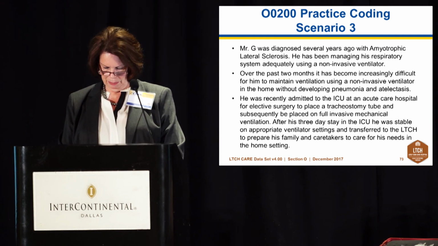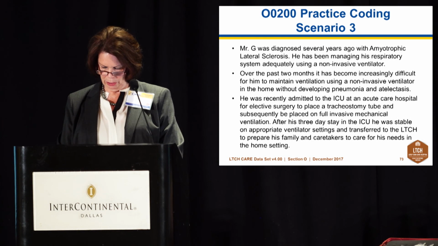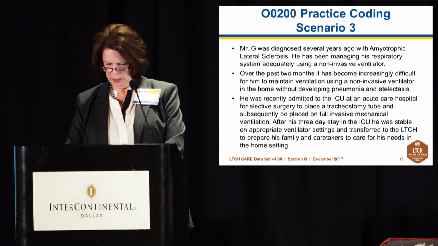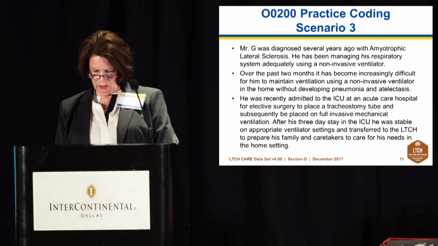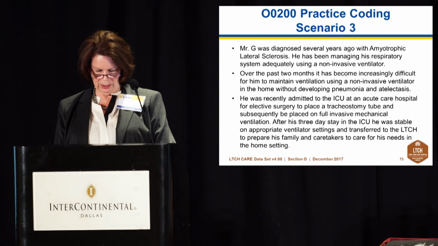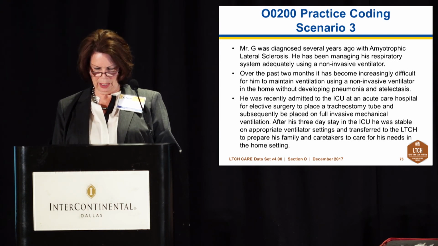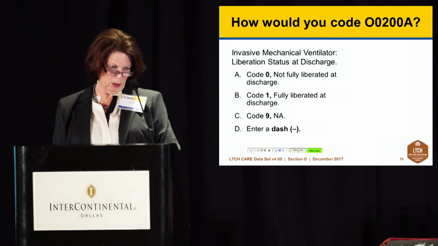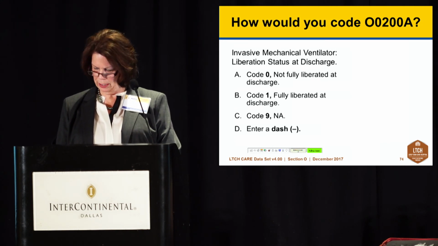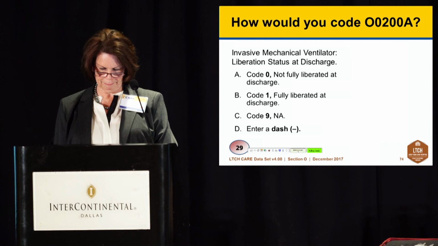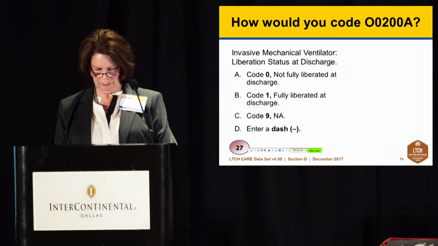He was recently admitted to an ICU at an acute care hospital for elective surgery to place a tracheostomy tube and subsequently be placed on full invasive mechanical ventilation. After his 3-day stay in the ICU, he was stable on appropriate ventilator settings and transferred to the LTCH to prepare his family and caretakers to care for his needs in the home setting. How would you code O0200A in this scenario?